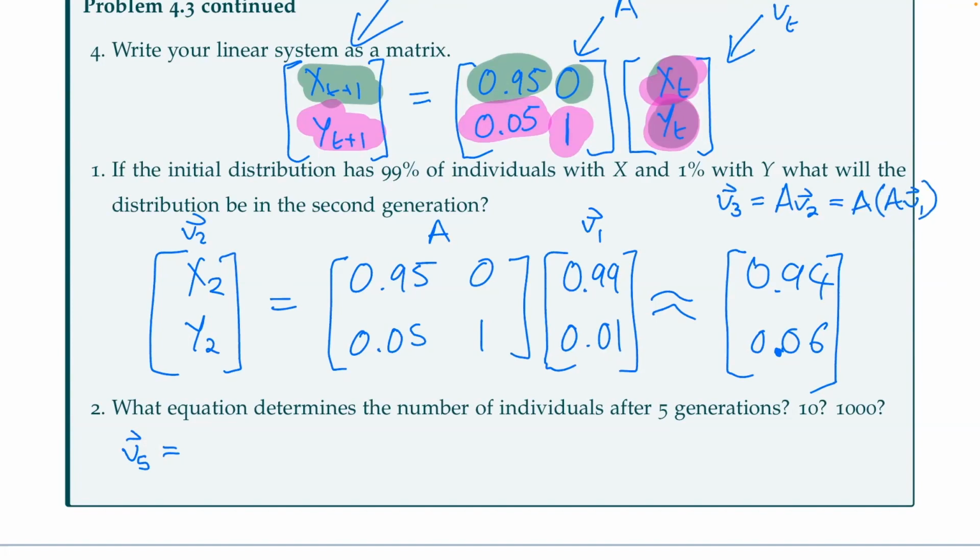Okay, it's recursive. So this is just A squared times v1. And the same thing applies as we increase the number of generations. So population in generation 5 is going to be A to the power of 5 times what we had initially, v0.